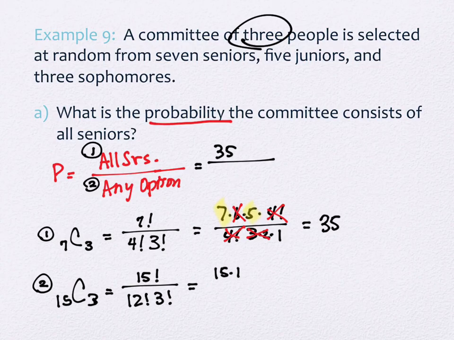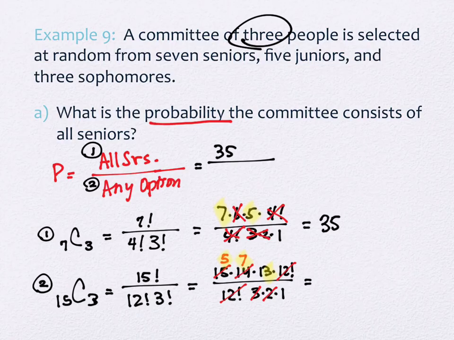I've got 15, 14, 13, and 12 factorial with another 12 factorial, and then 3, 2, and 1. 12 factorials cancel. 3 cancels with 15 to give me 5. 2 will reduce with the 14 to give me a 7. And what do I get when I multiply 7, 5, and 13? 455.